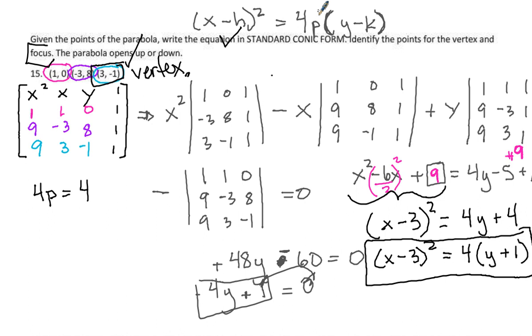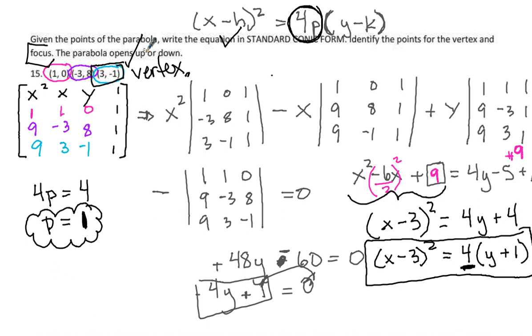We use 4p, where 4 times p is the number in front of your parentheses. The number in front of your parentheses is 4. So to figure out how far your focus is from your vertex, we set up and solve this little equation. Your focus is 1 unit away from your vertex.